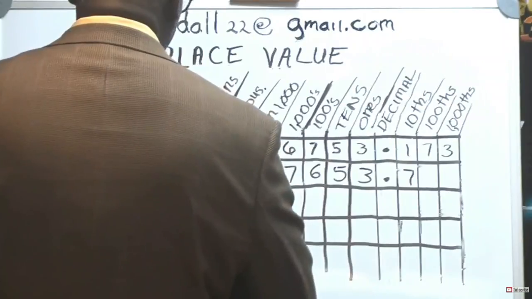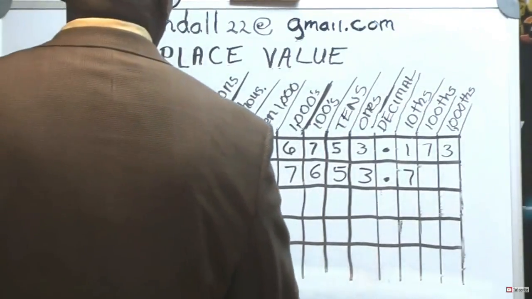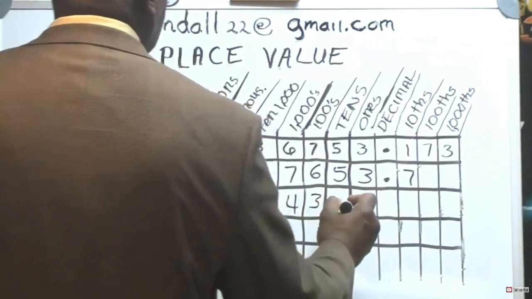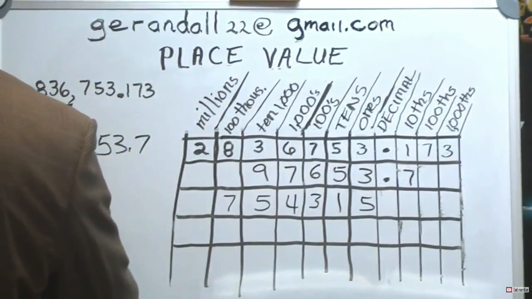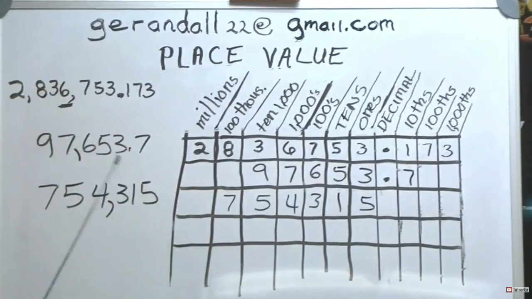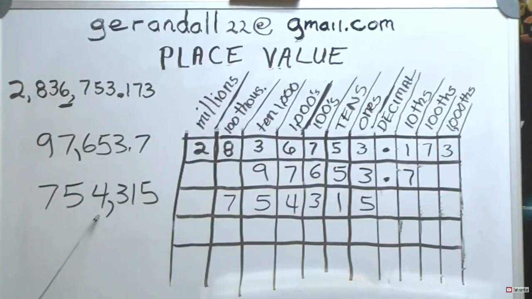Let's look at that six-figure income, where 7, 5, 4, 3, 1, 5. That's 754,315. Again, do not say 754 and 315.